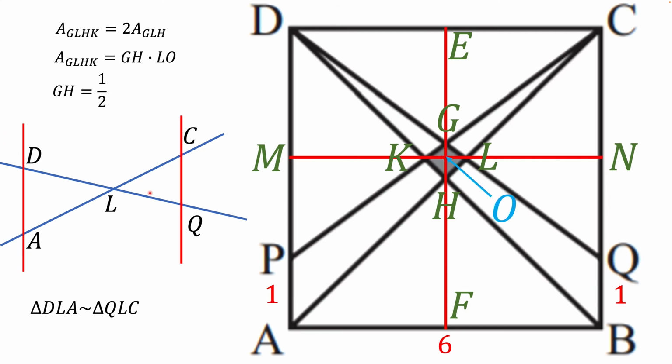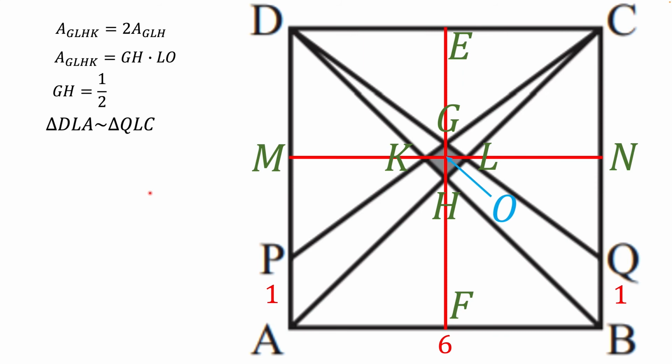So again, the sides and altitudes have to be proportional. The sides I'm interested in are side AD and side CQ, and the altitudes I'm interested in are LM and LN, okay?